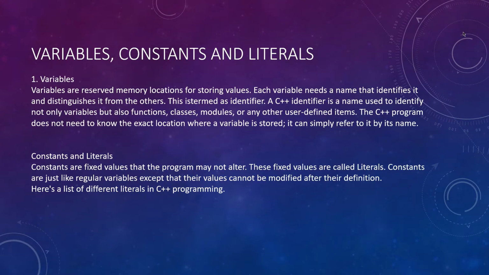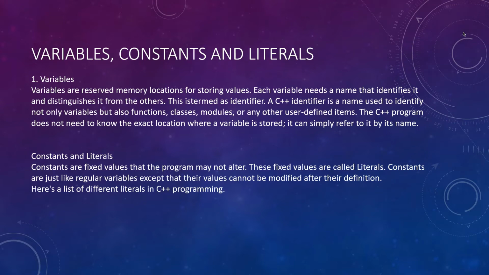Variables, constants, and literals. Variables are reserved memory locations for storing values. Each variable needs a name that identifies it and distinguishes it from the others. This is termed as identifier.